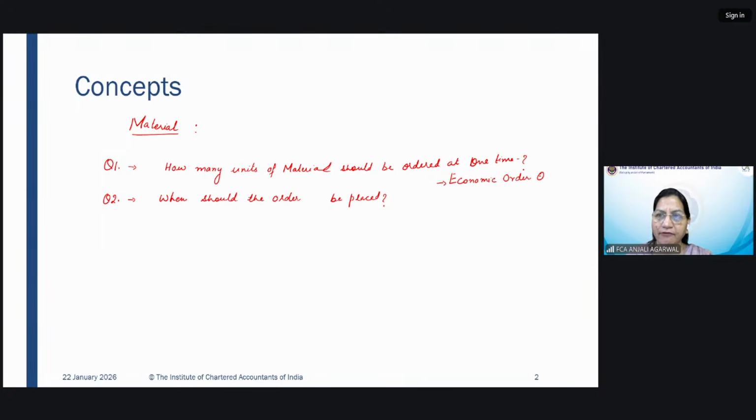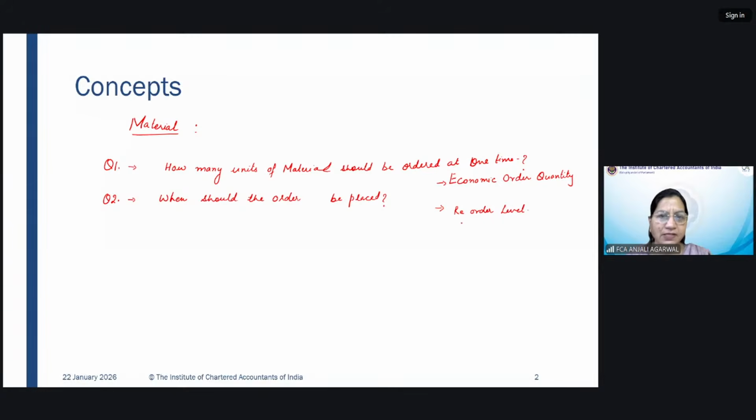If we can rightly fix the economic order quantity, EOQ, we will be able to ensure that the right amount of units are ordered at a time. Whereas when should the order be placed? That answer is given by reorder levels. That level is called the reorder level, when you should place the order.